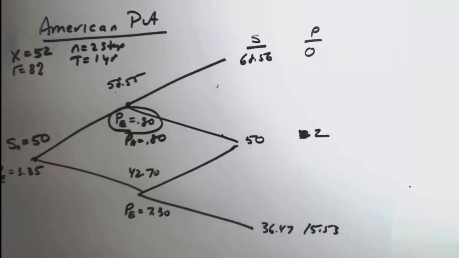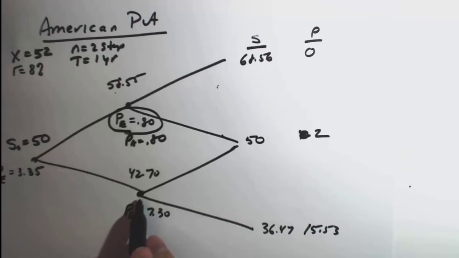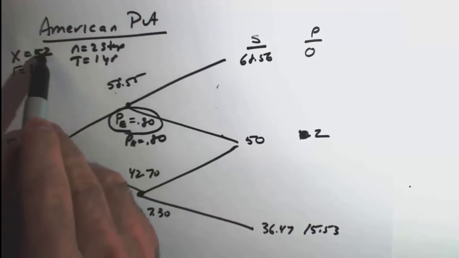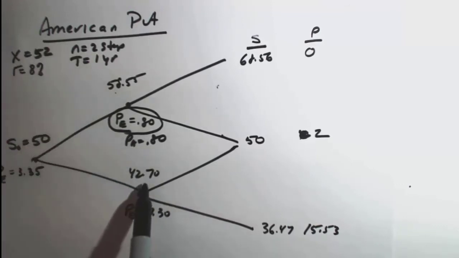Now, let's apply the same logic coming down to this node right here. We ask, should we exercise the option at this node? Well, wow, yes, we should. The option is in the money by $9.30.